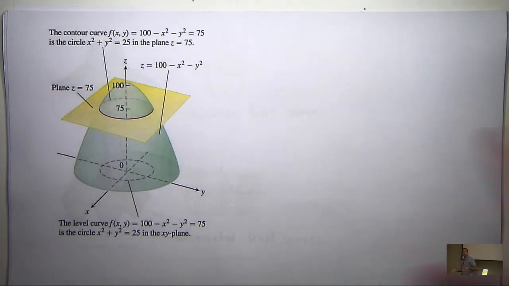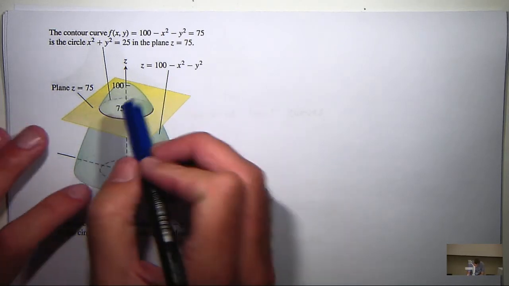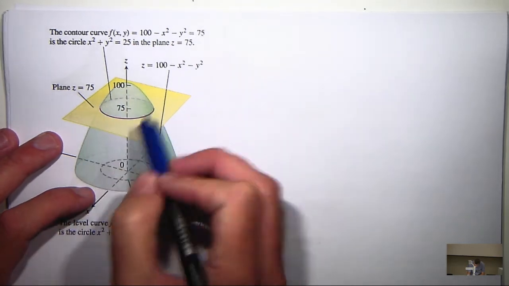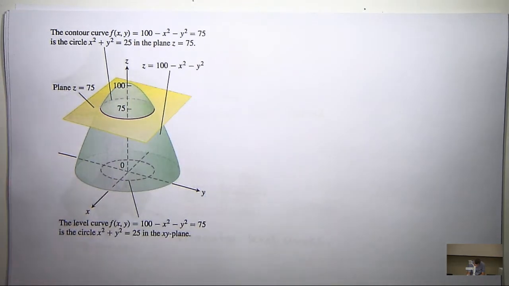Some geometry, right? Here we've got a surface that's shaded in green, and we've got a plane that's horizontal, parallel to the xy plane. In this case, the plane z equals 75. You can see in the picture that there's a curve where the plane and the surface intersect.